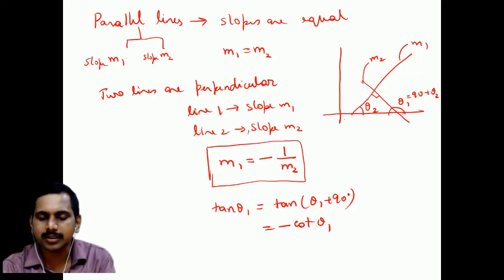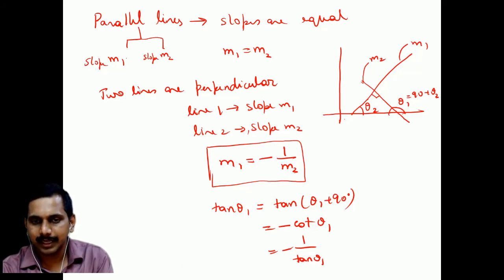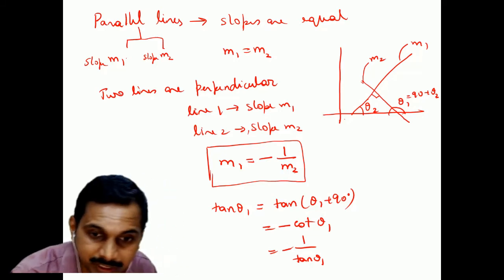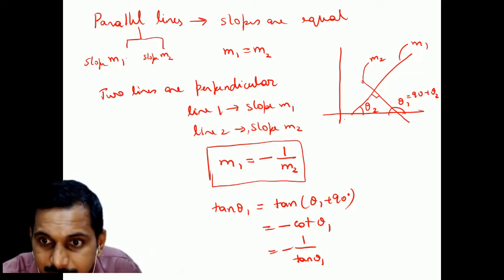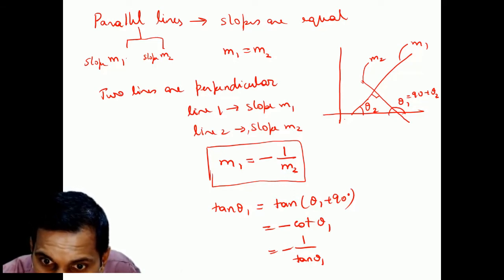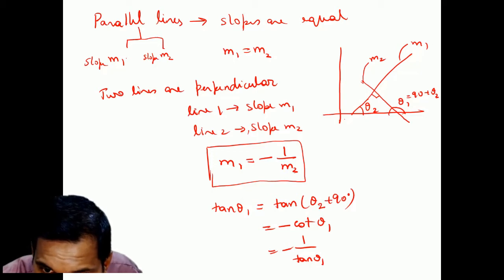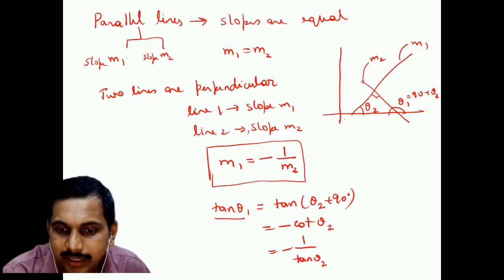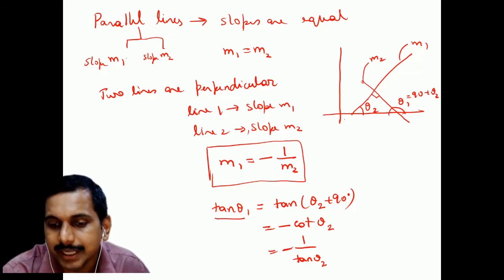It is minus cot theta, correct? Agreed, students? When you say theta plus 90 degree, it is minus cot theta, and cot theta is 1 by tan theta. So theta 1 is theta 2 plus 90 degree, I am sorry, so this is cot theta 2, this is tan theta 2. Agreed, students?